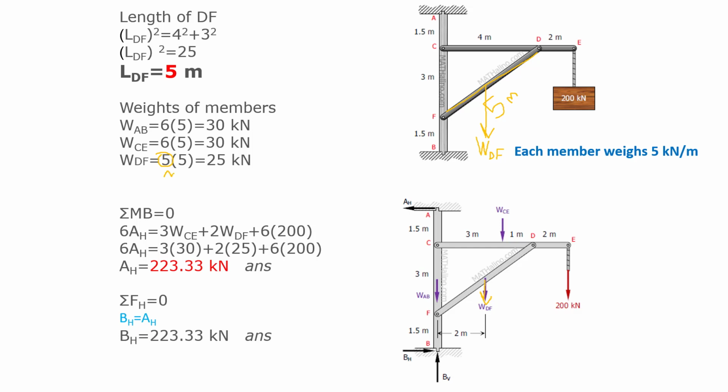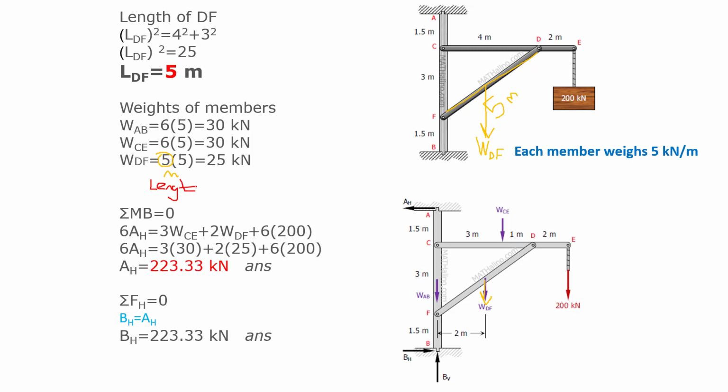And now let's find one by one the weight of the members. Okay, we find the length. This is length, the size of the bar, length is 5.